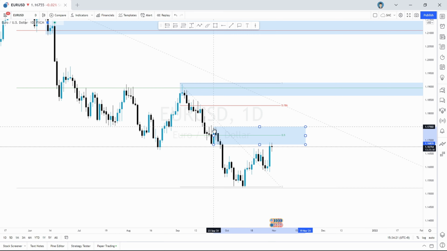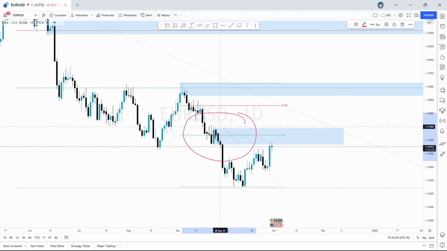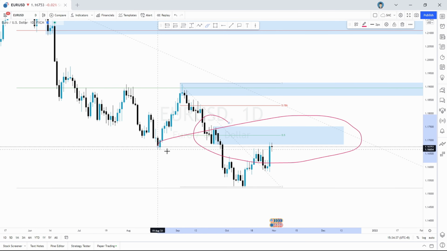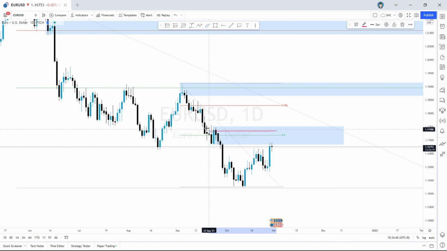And this POI is technically mitigated, but I keep it marked up, because we can go on lower time frames and look for more refined POIs or supply zones within this blue zone here. So for example, a refined one over here, and another refined one over here.